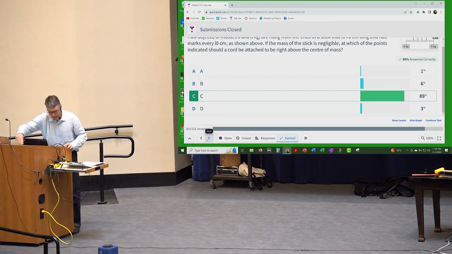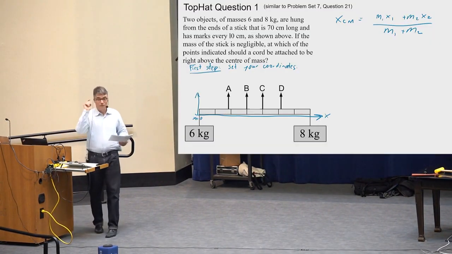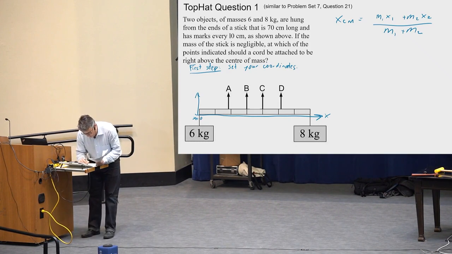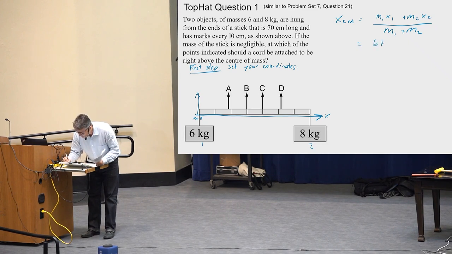But yeah, basic idea. Now that you've first set your coordinate system, then you've written down the equation, you just plug in the numbers. Let's call this one 1 and this one 2. So M1 is 6 kilograms multiplied times X1, which is 0, plus M2, which is 8 kilograms, multiplied times X2, which is 0.7 meters, divided by 6 kilograms plus 8 kilograms.